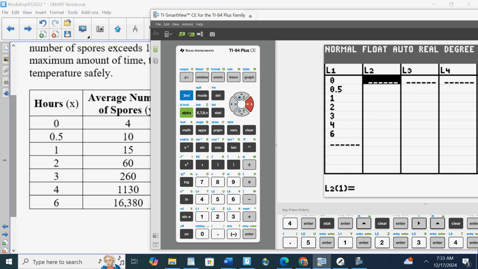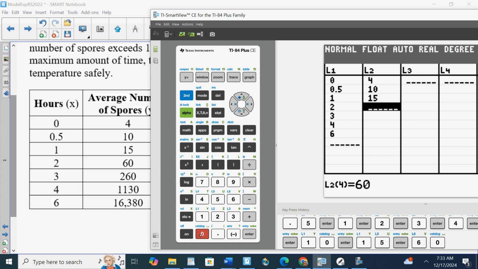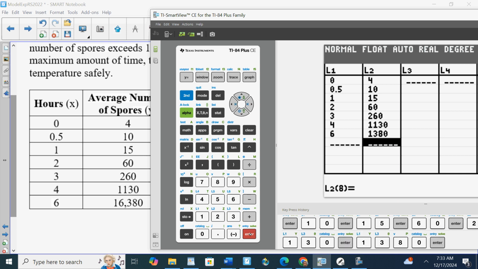My L2 or my Y's, 4, 10, 15, 60, 260, 11, 30, 16, 380. Enter. Oops, I missed a number there. So I always want to, when you type something in, just look back and make sure that it looks correct.